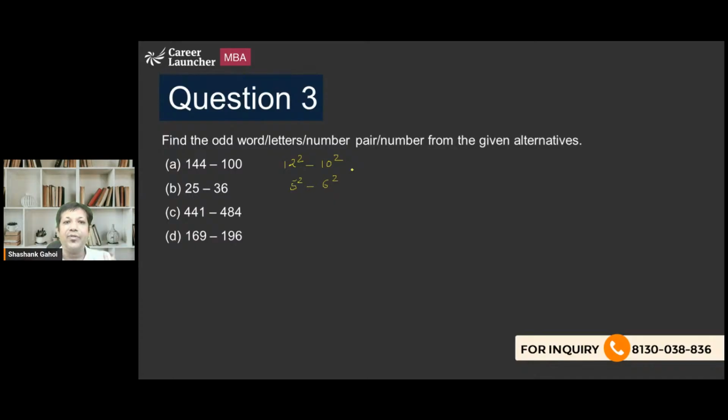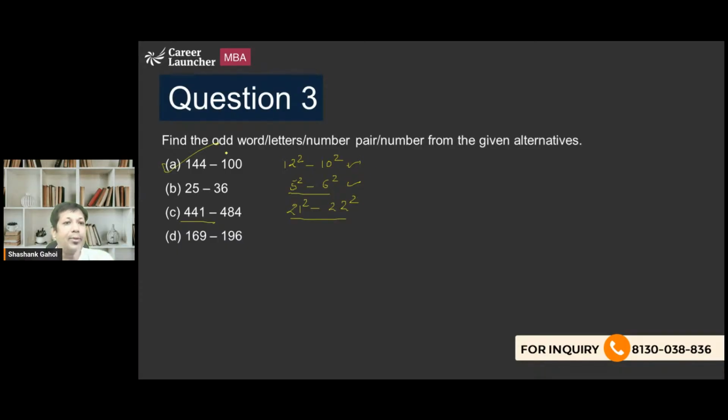I can see this is a random number, this is also a random number. Now let's look at the next one. This is 21 square, then 22 square. So in this, the squares are of consecutive numbers. Here also the squares are of consecutive numbers. So it means the first one should be the odd one out.